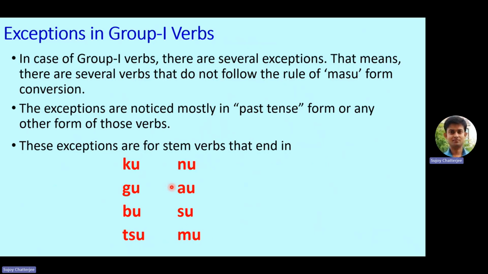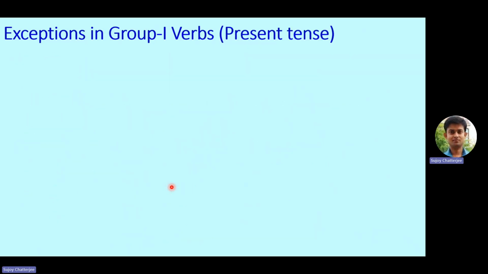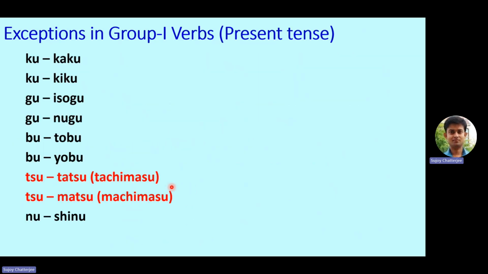For example, for verbs that end in ku, for example, kaku or kiku. Examples of verbs that end in gu are isogu, nugu. That end in bu is tobu or yobu. For tsu, it can be tatsu and matsu.